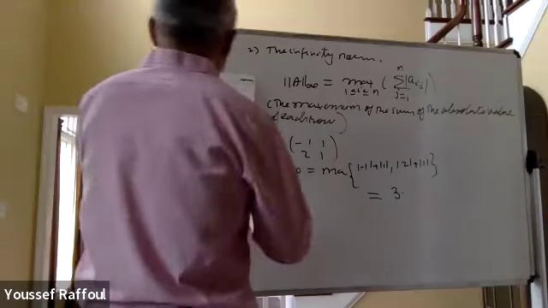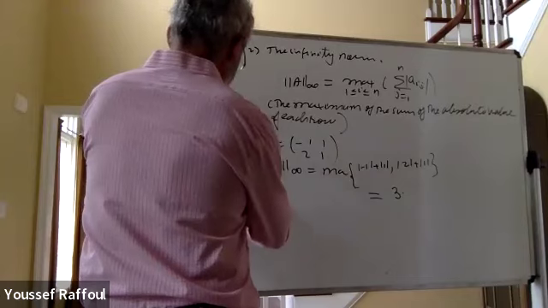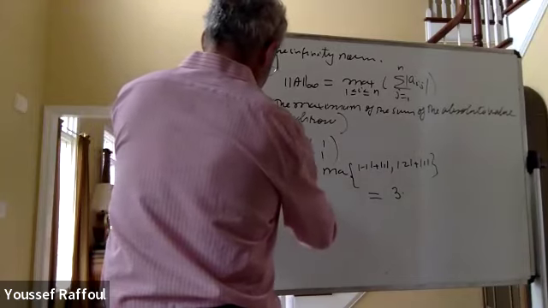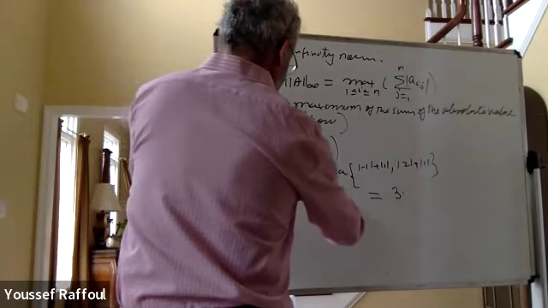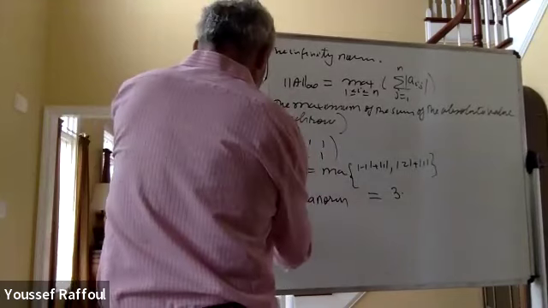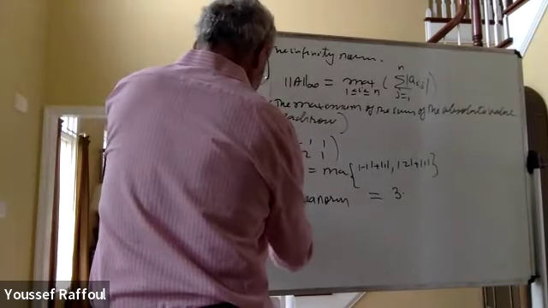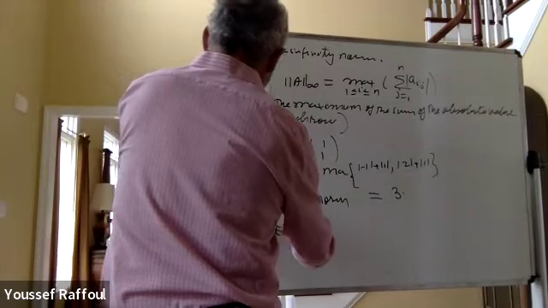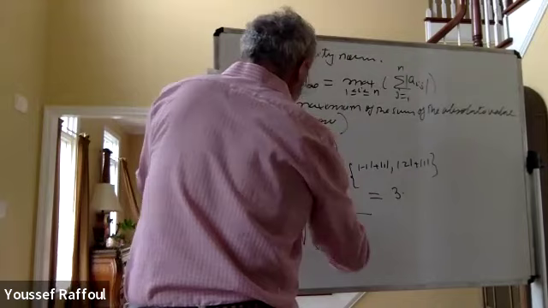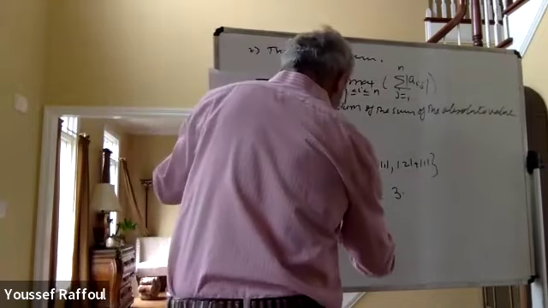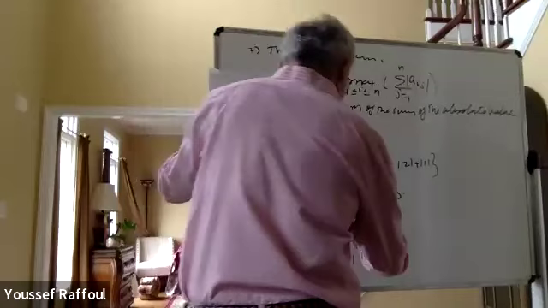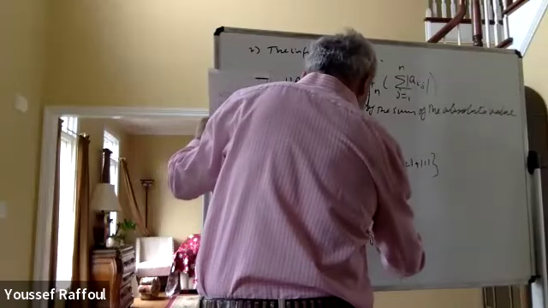And now the Euclidean norm, denoted by ||A||_E, is the square root of the sum i equal 1 to n, j equal 1 to n, of aij squared.